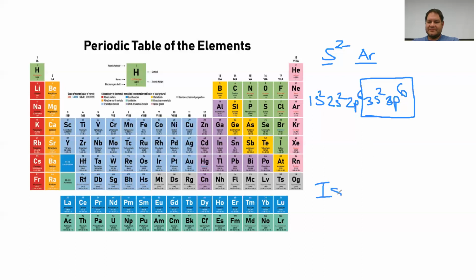Isoelectronic by definition means that 2 atoms that are different from one another have the same electron configuration. So we would say that sulfur 2 minus is isoelectronic to argon, okay?